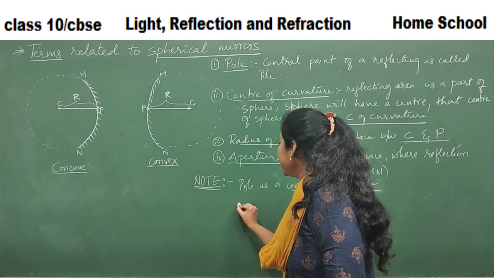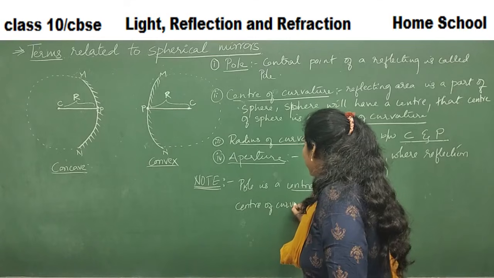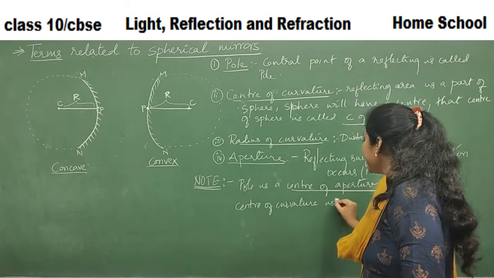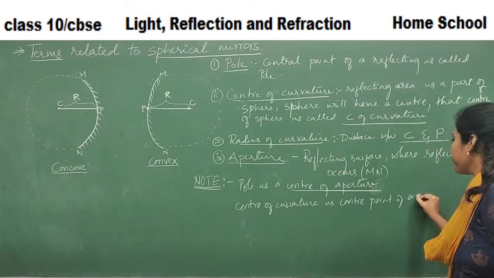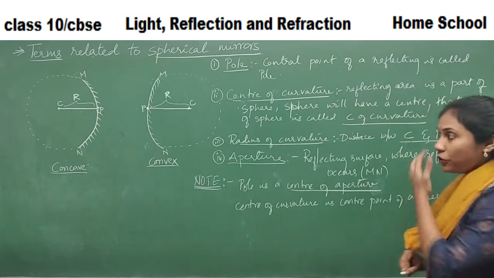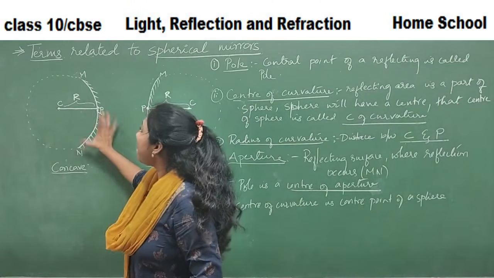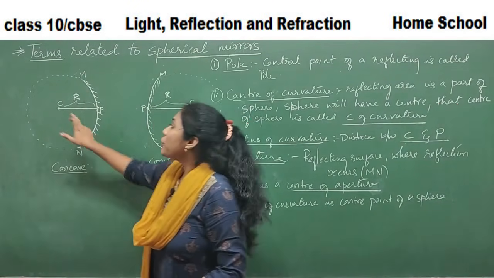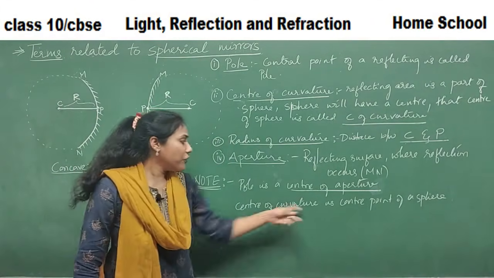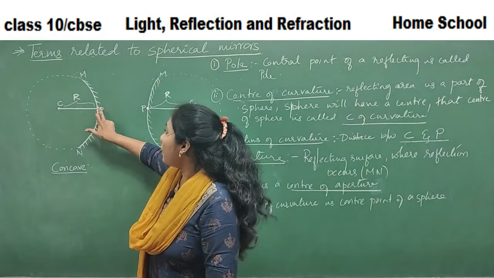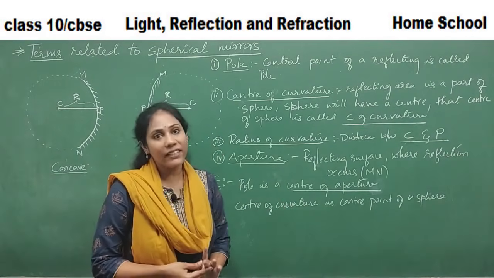The second point: center of curvature is the center point of a sphere. You can clearly differentiate between aperture and sphere. Aperture is a part of a sphere, guys. Which is the center point for the sphere? Center of curvature. Which is the central point for the aperture? Pole. This point of difference is very important.